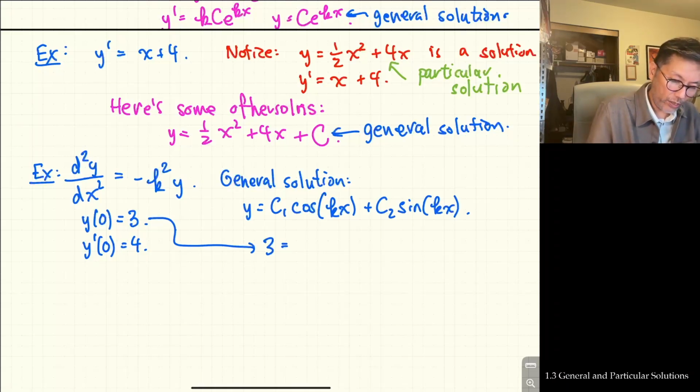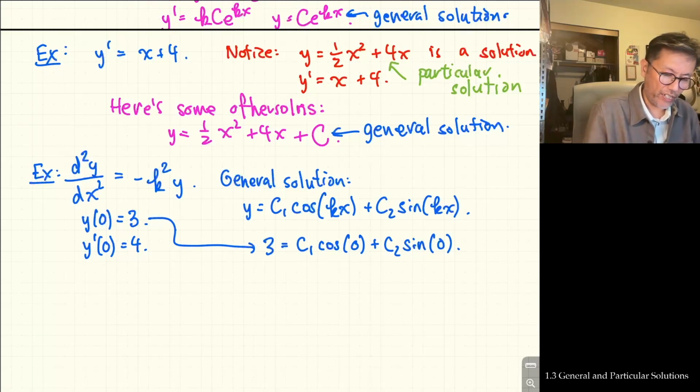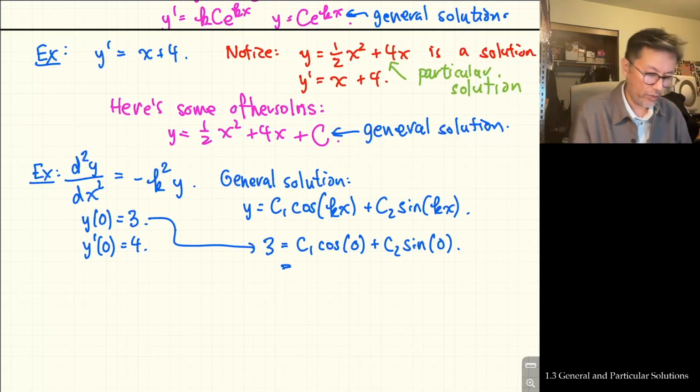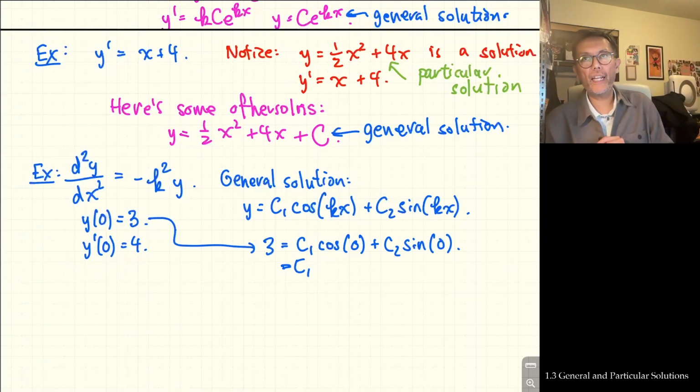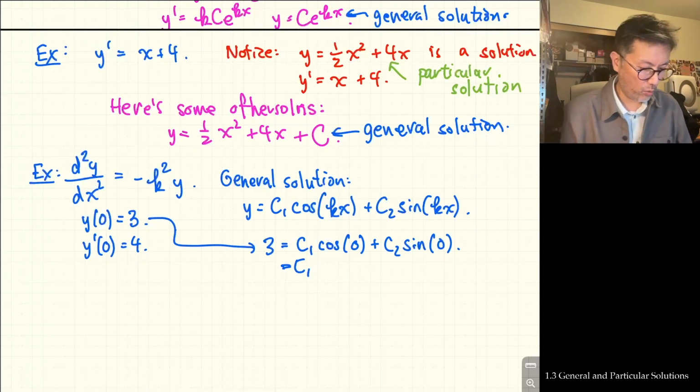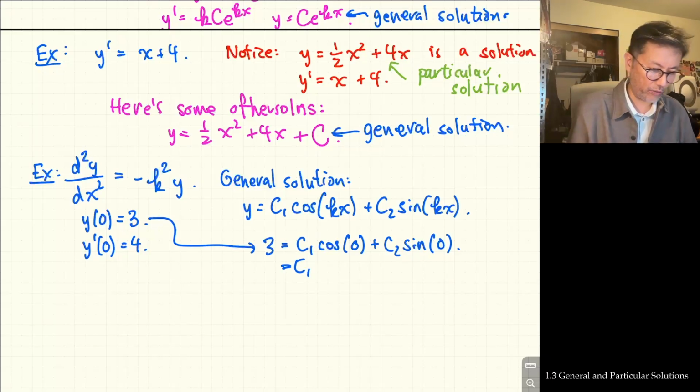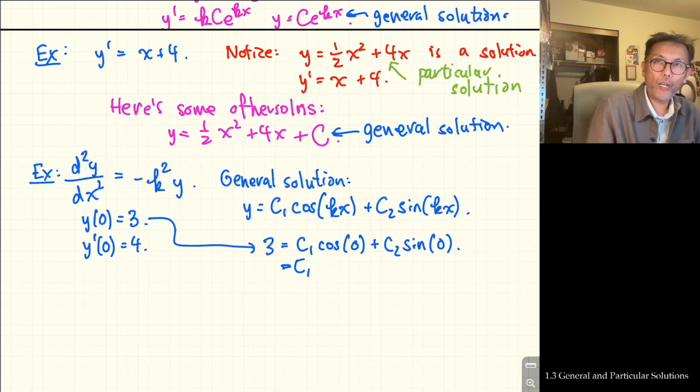If I plug in 0 into this expression, I get C1 times cosine of 0 plus C2 times sine of 0, right? Sine of 0, as you know, is 0, and cosine of 0, as you know, is 1, so this just ends up being C1. In other words, we get an expression for what C1 is. C1 must be 3.